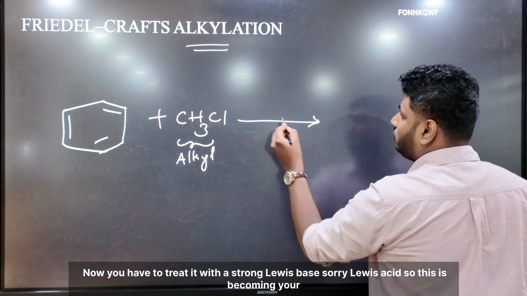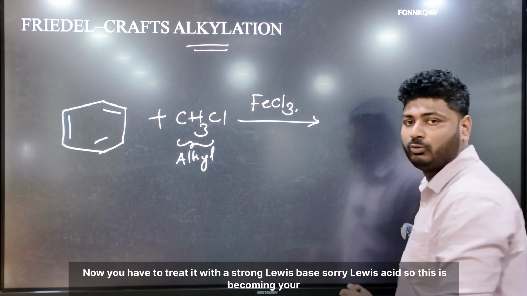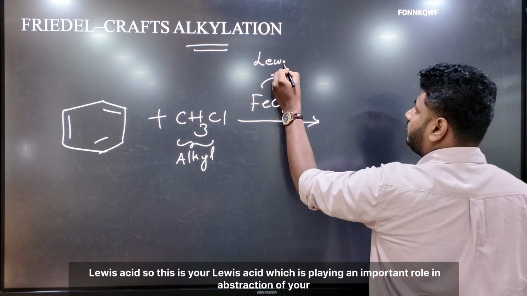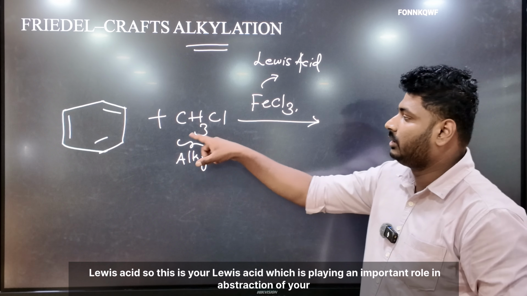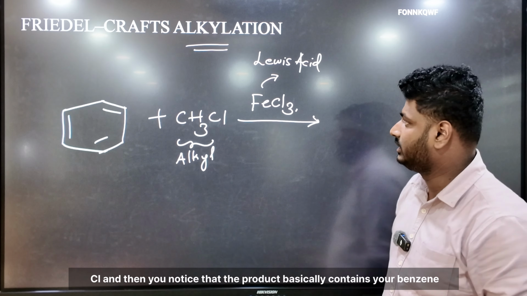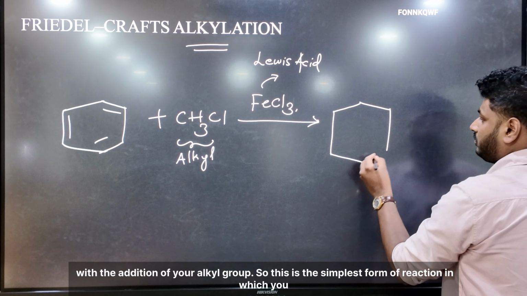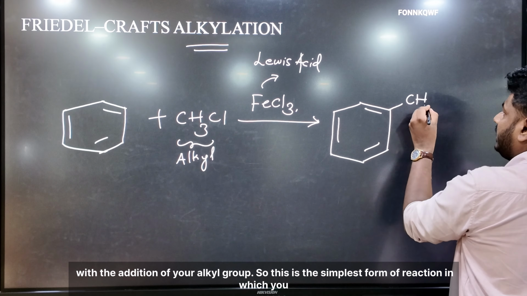Now you have to treat it with a strong Lewis acid, which plays an important role in abstraction of the Cl. And then you notice that the product contains benzene with the addition of the alkyl group.